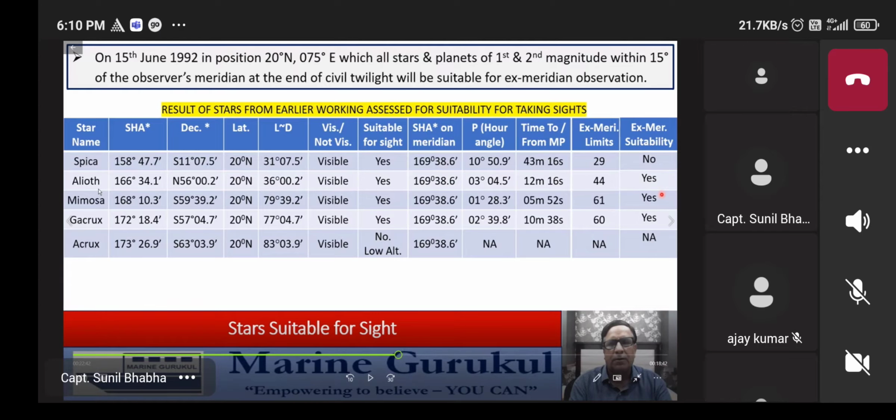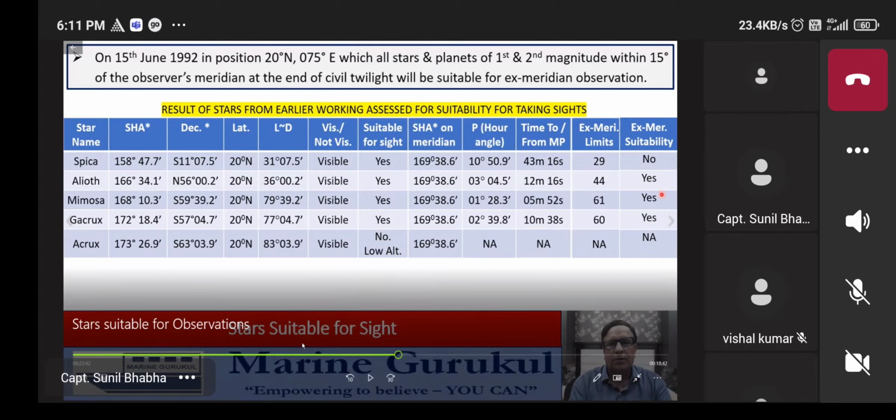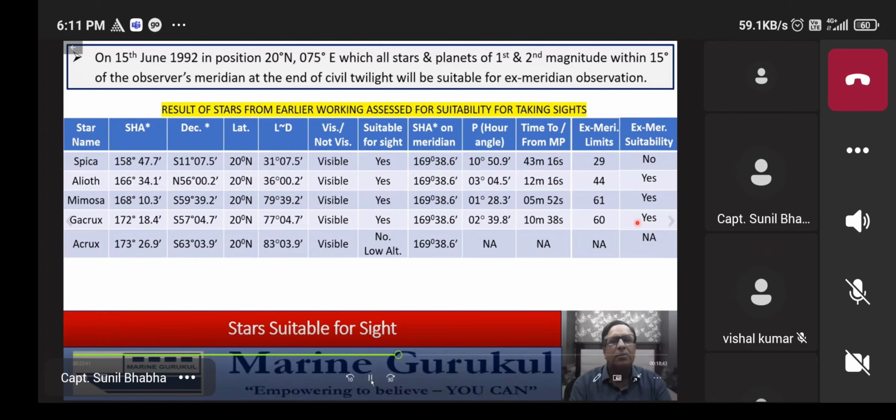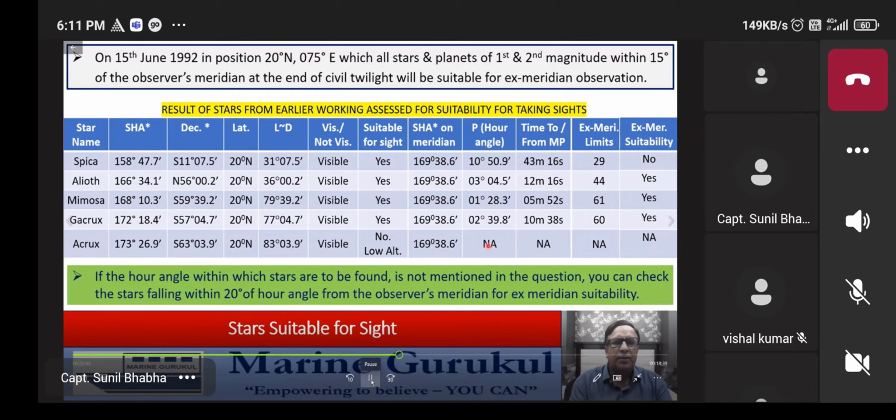Okay, great. Let's move ahead now, for X meridian observation. In some questions, if the R angle is given, like in this case, it was given to find the stars which are within 15 degrees of the observer's meridian.